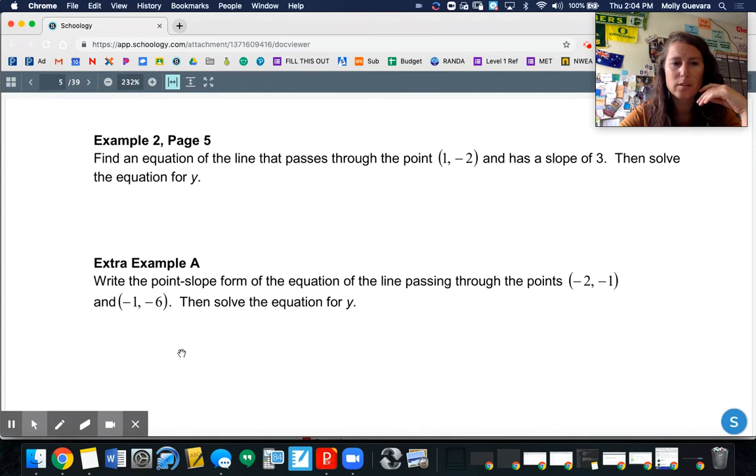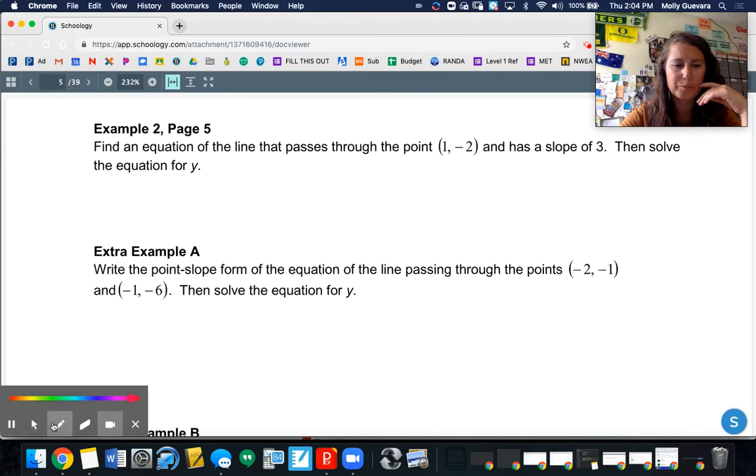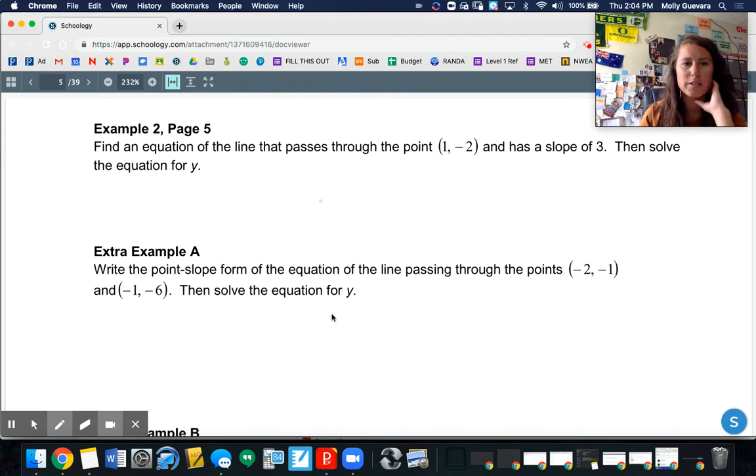All right, so let's look at example 2. Example 2 says, find an equation of the line that passes through the point (1, -2) and has a slope of 3. So here's my point slope form. I'm just going to write it: y minus y1 equals m times x minus x1.